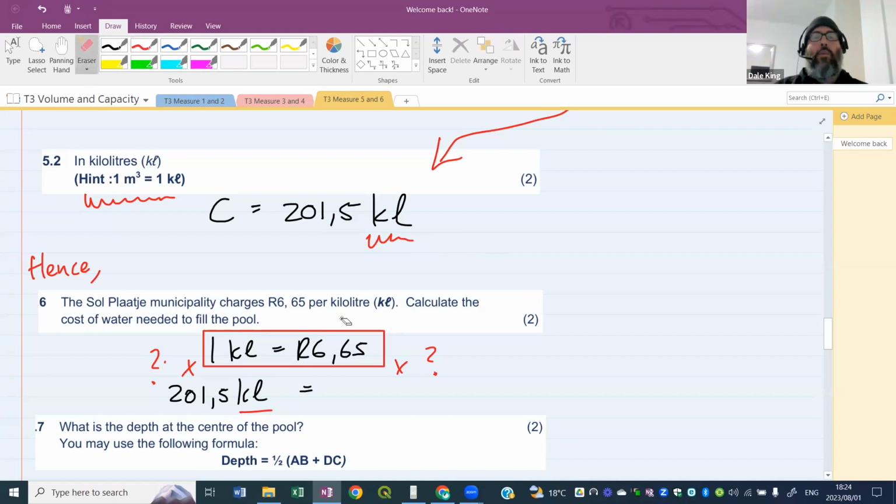So Lufuno's just setting up a relationship here. He's saying, sir, I know 1 kiloliter is R6.65. I need to know how much is 201.5 kiloliters though. So he's setting up this relationship and saying, I need to times the 1 by 201.5 to get 201.5. So I must times this by also 201.5.